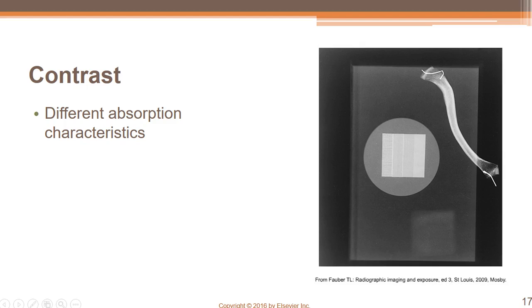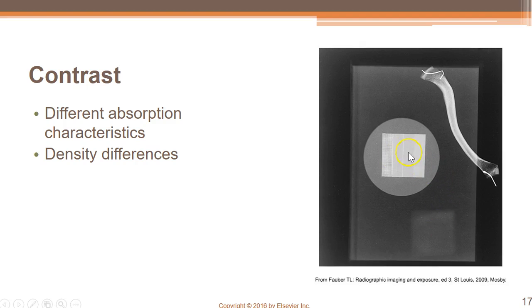Tissues that attenuate the X-ray beam equally are more difficult to visualize because the brightness or densities are too similar. And so to differentiate among them, there must be density differences. So density differences means the image's radiographic contrast.